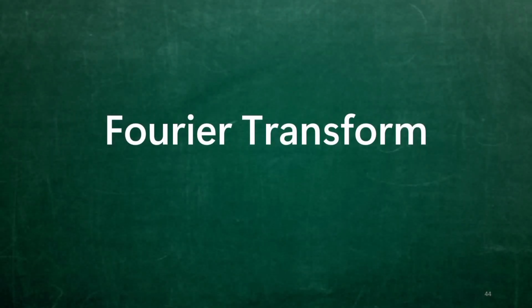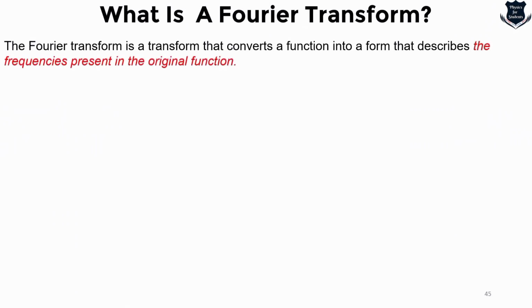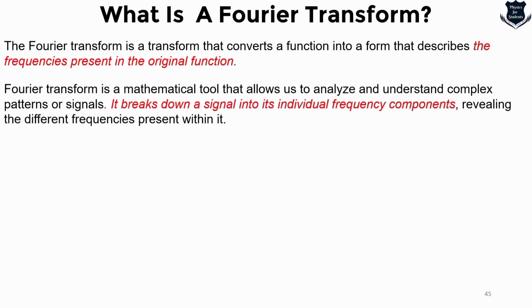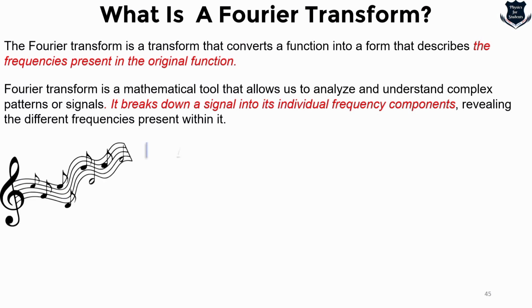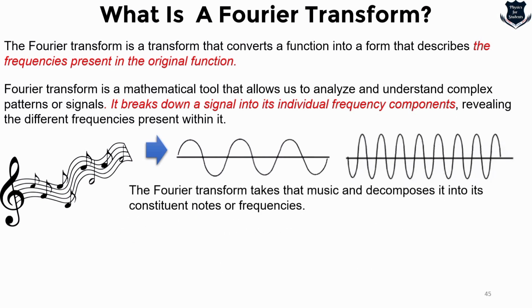Coming up next would be Fourier transform. This is actually giving you a basic idea, which you know: Fourier transform breaks down a single signal into individual frequencies. If I get a piece of music, I can divide it into this and further into this. So Fourier transform decomposes it into constituent notes for further study.